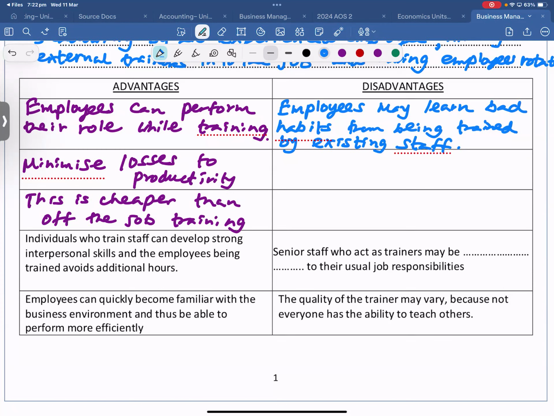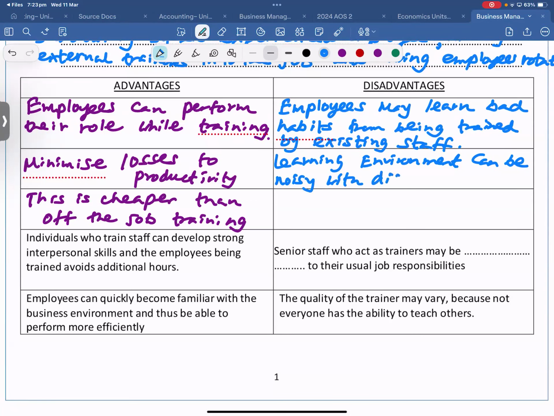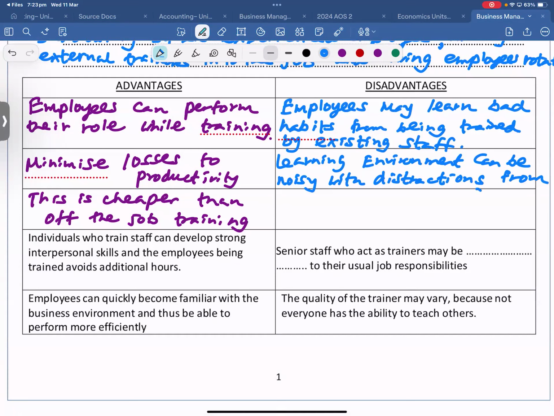Next one, learning environment can be noisy with distractions from other workers.